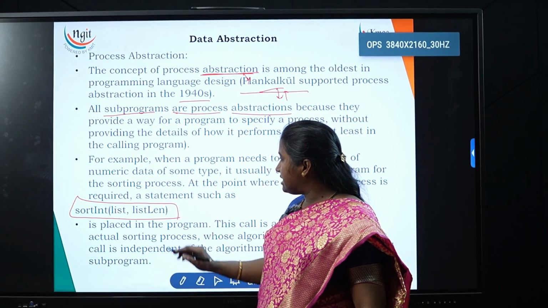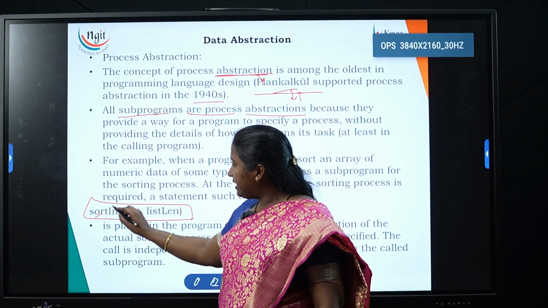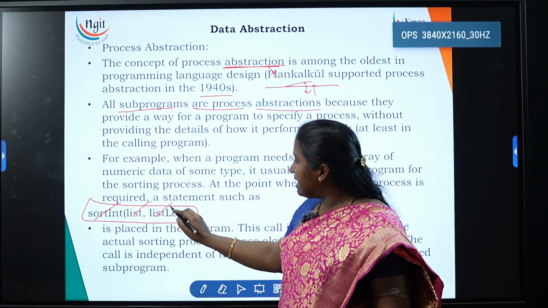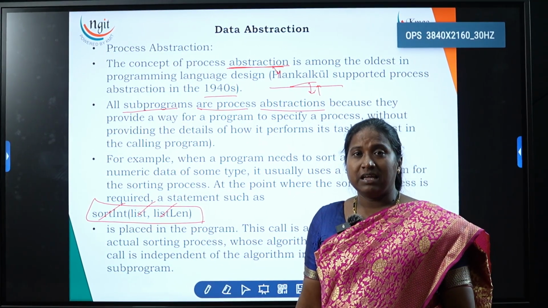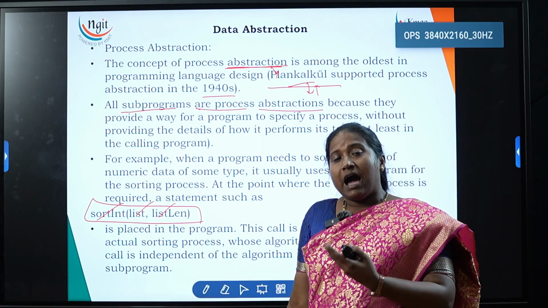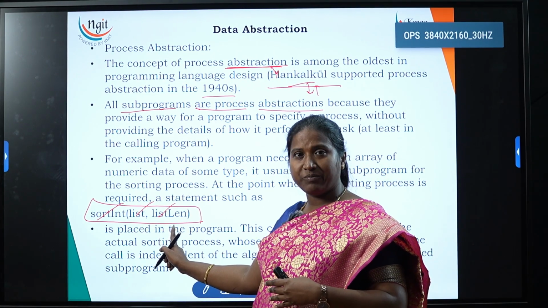Sort int list comma list length. Here sort integer is what? My function name. List length are what? The parameters. So what data abstraction is provided here? I am not disclosing what this function will perform.